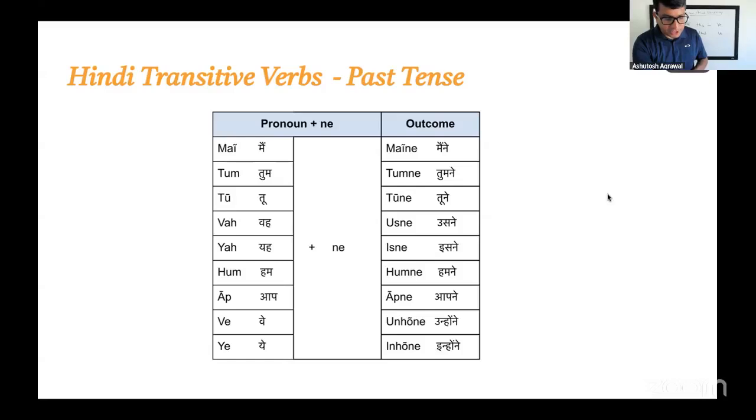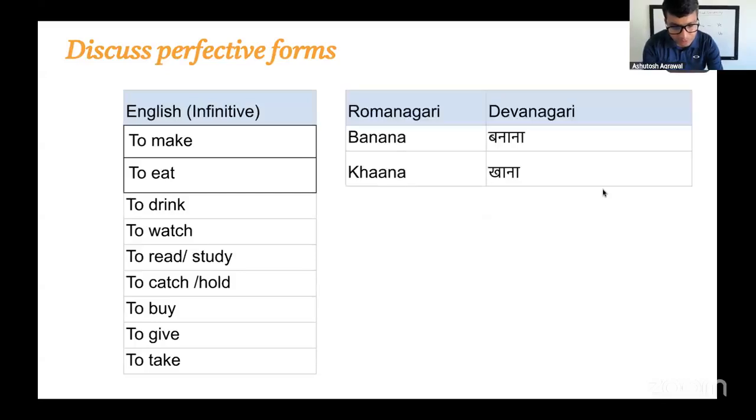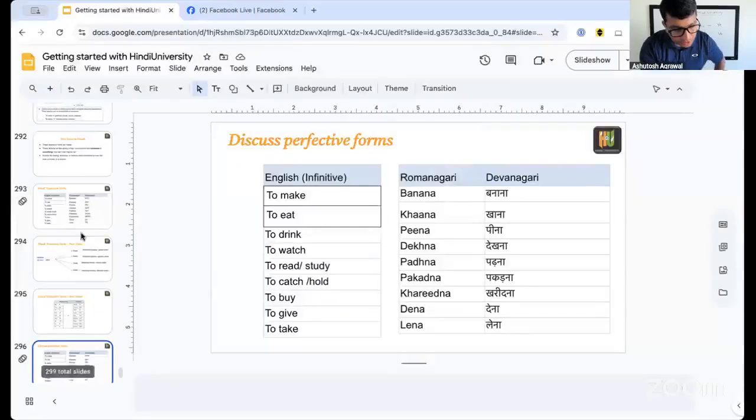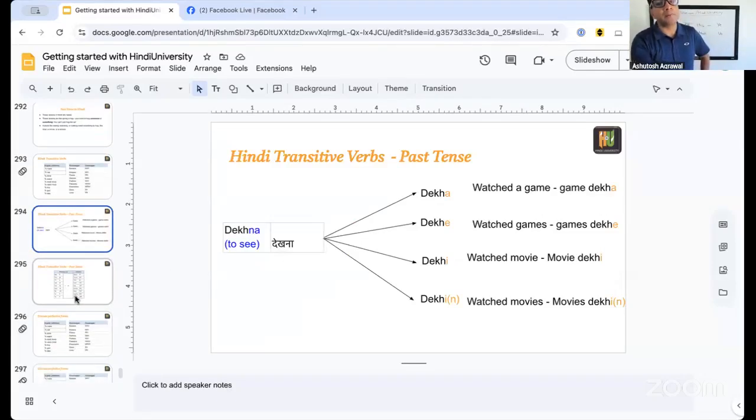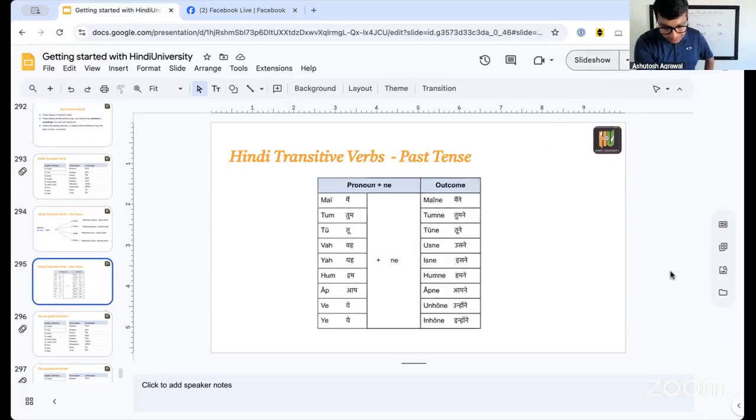So basically, change the object into all the 4 cases that we have discussed: masculine singular, masculine plural, feminine singular, feminine plural. That way you're keeping the verb fixed, but just changing the object. Yeah, that's your homework number 1.